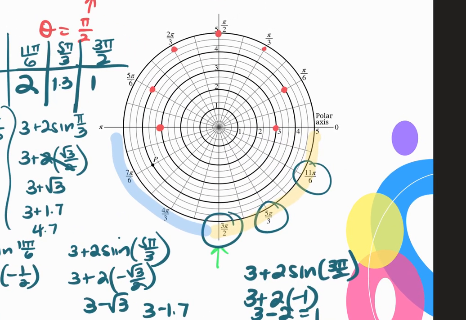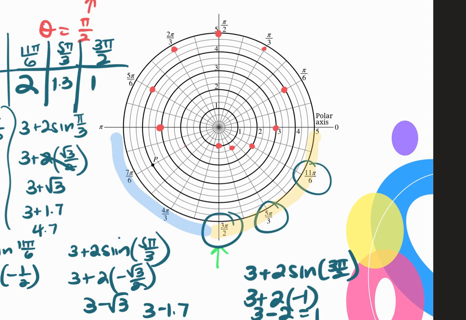Now I'm going to plot those points. So 11 pi over 6 is at 2. 5 pi over 3 is at 1.3. 3 pi over 2 is at 1. And then we reflect it. So 11 pi over 6 would be the same as 7 pi over 6.